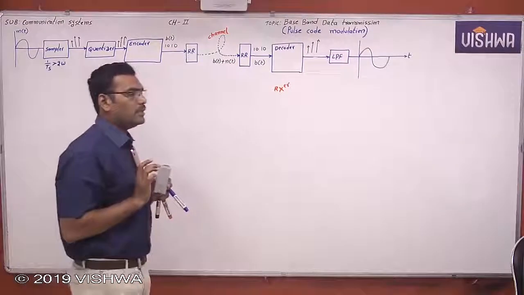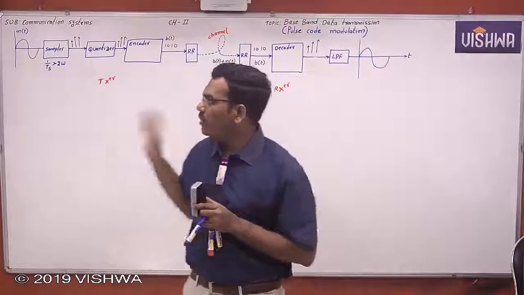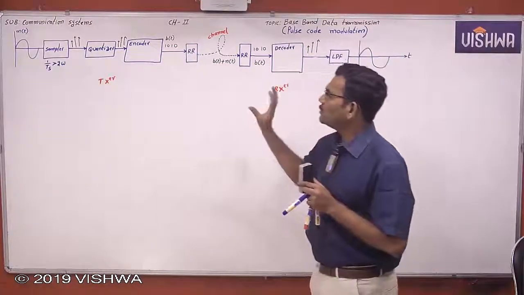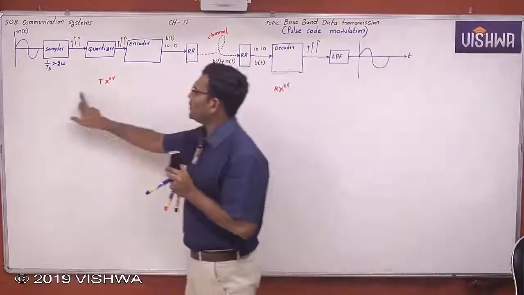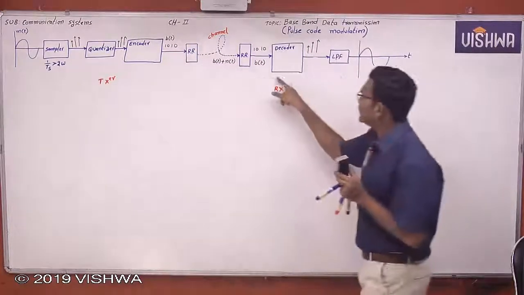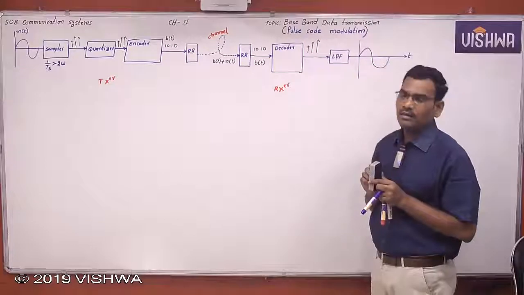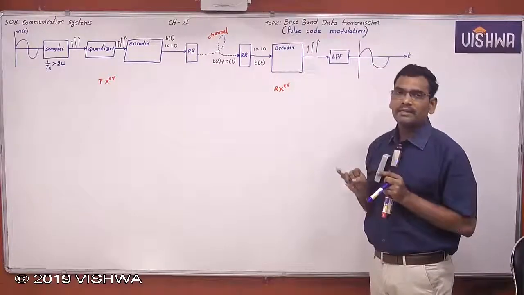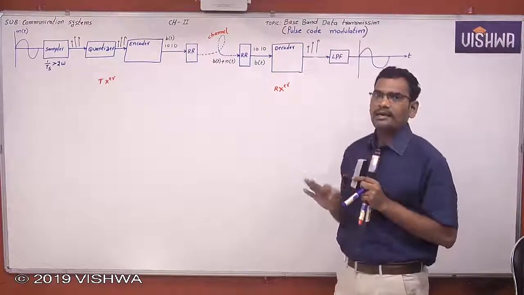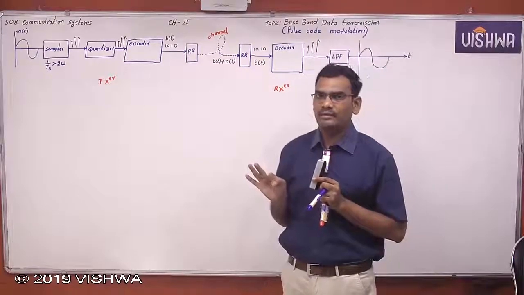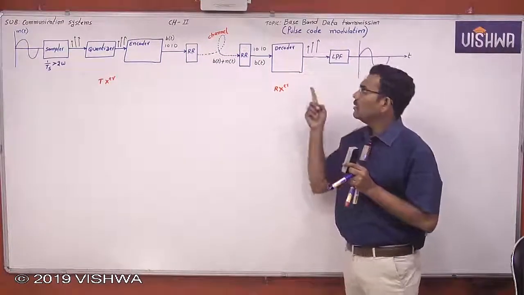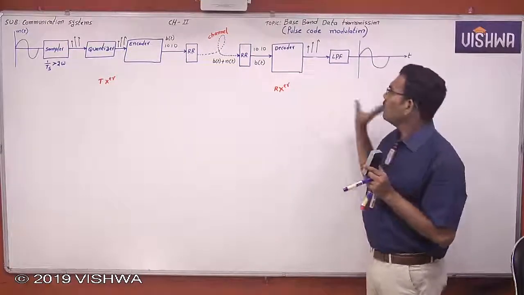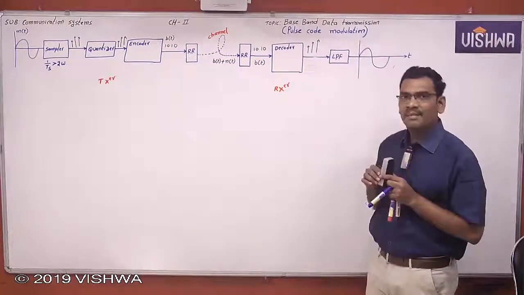This block diagram is the pulse code modulation technique. This is the PCM transmitter portion, and this is the PCM receiver portion. Don't get confused: sampling, quantization and encoding form the PCM transmitter, and the decoder and low pass filter form the PCM receiver.